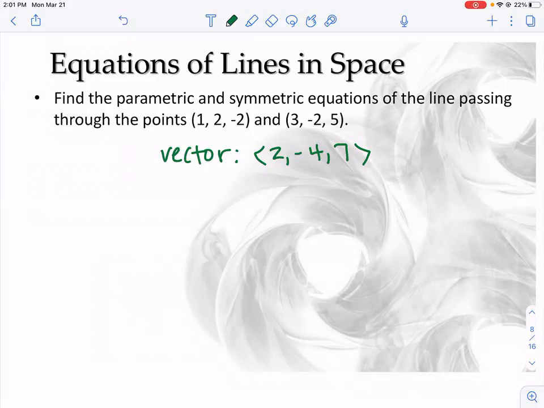Okay, now, does it matter what point we pick to use? It doesn't. What's gonna happen though, is if I pick 1, 2, -2, and Josh picks 3, -2, 5, our equations are going to look different, but will represent the same line, okay?